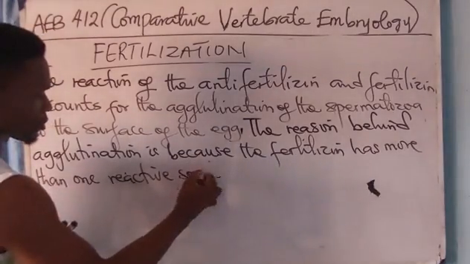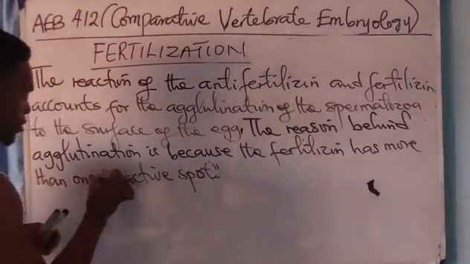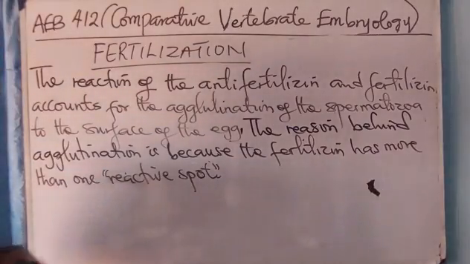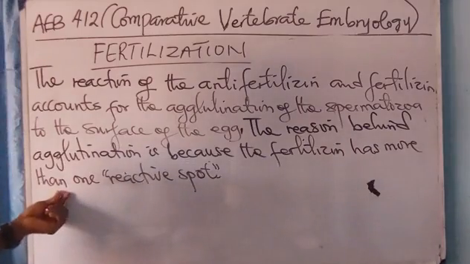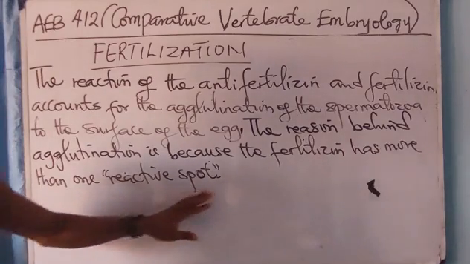Take notes. All right, the reason behind this agglutination is because the fertilizing has more than one reactive spot.